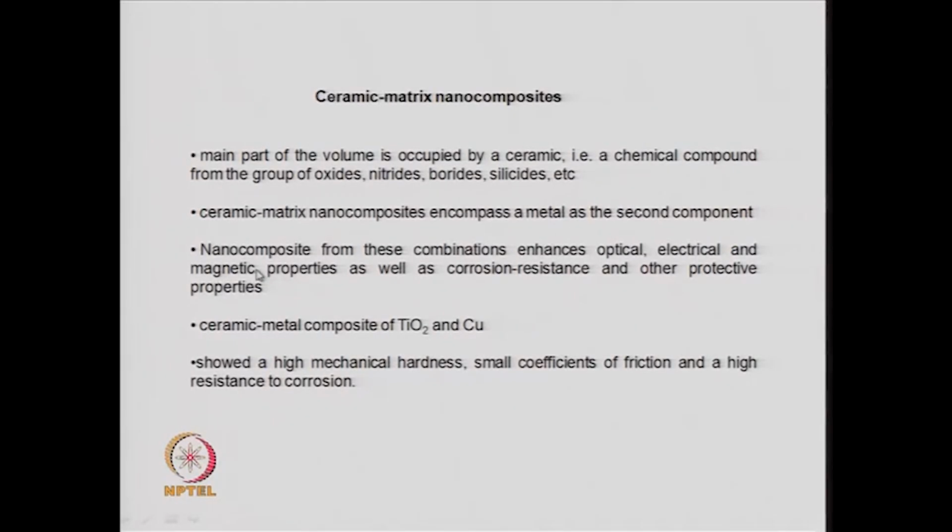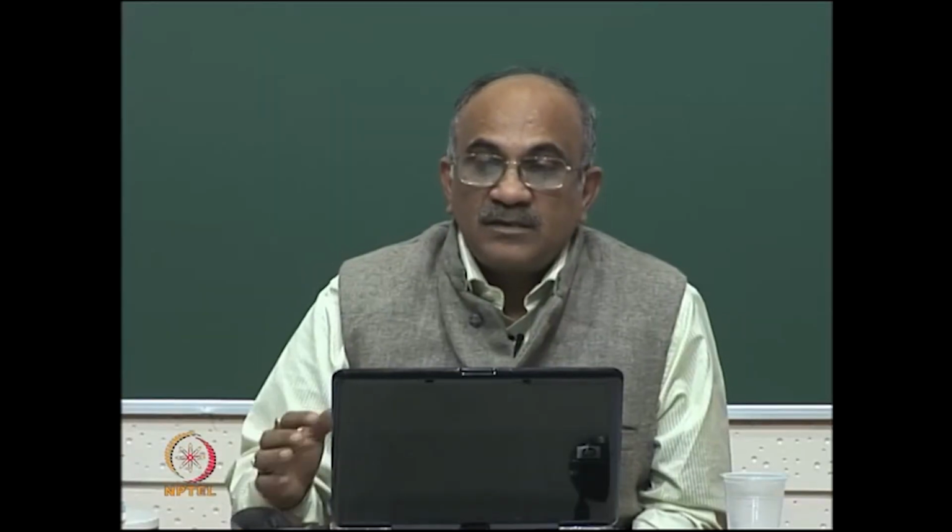Now, these nanocomposites can have different properties, depending on whether you are looking at optical, electrical or magnetic properties or corrosion resistance. You can see that these combinations of metal and ceramic enhance the properties which you are studying.